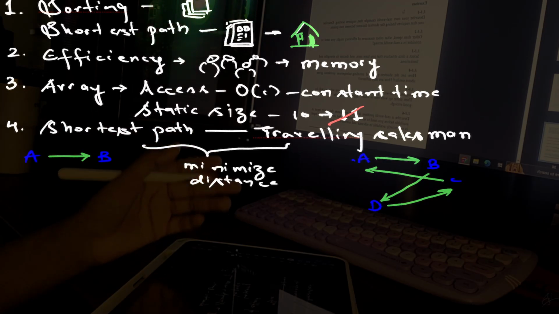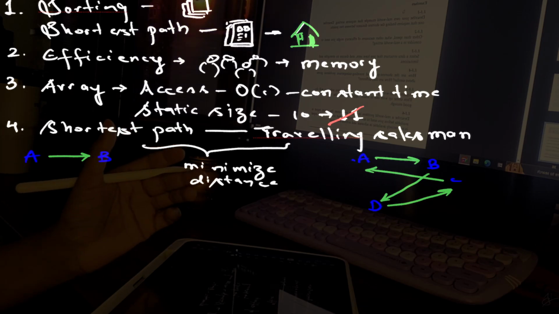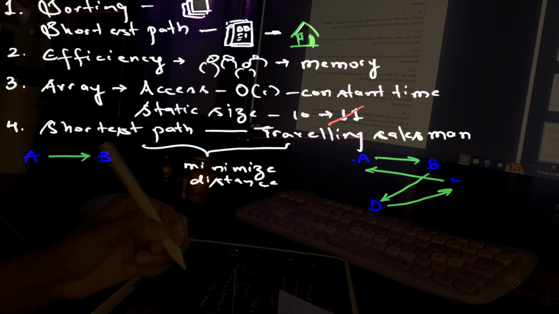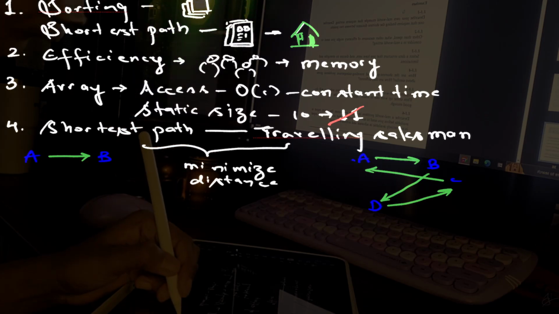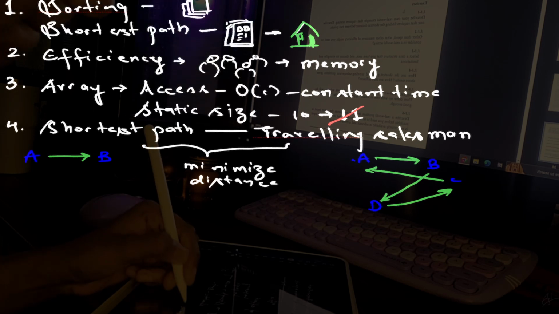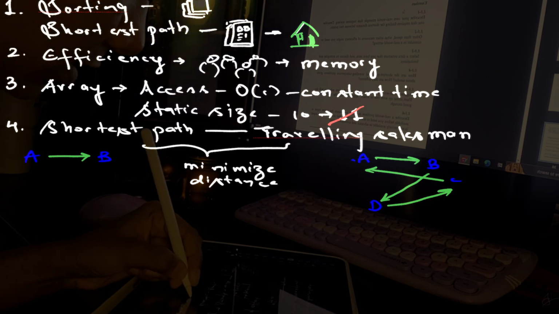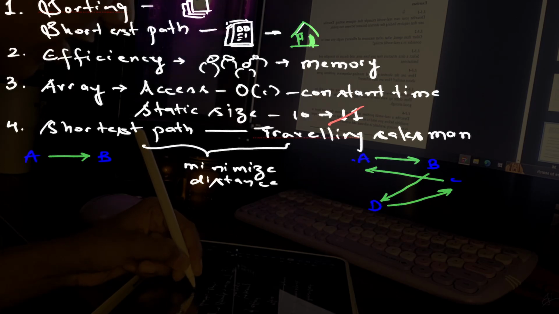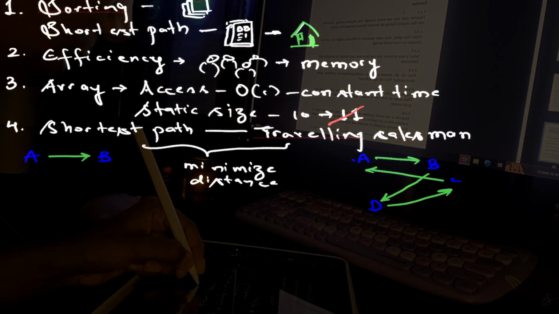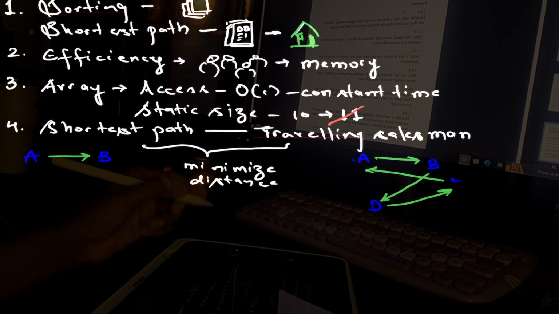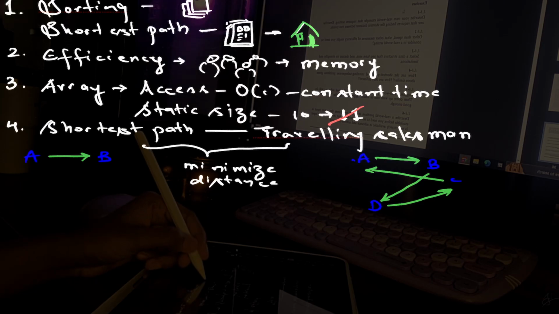Here, obviously, if I had chosen A to B, B to C, C to D, and D to A, the distance would have been less and it would have been a better answer for the problem. But yes, I guess that's the difference. Probably I have not articulated it in the best manner, but that's the overall essence.